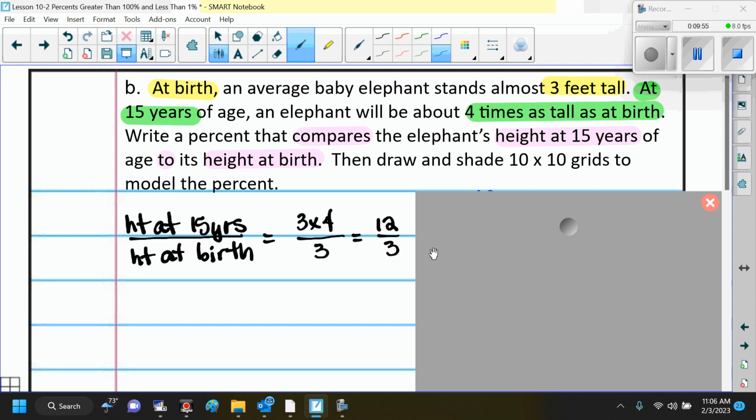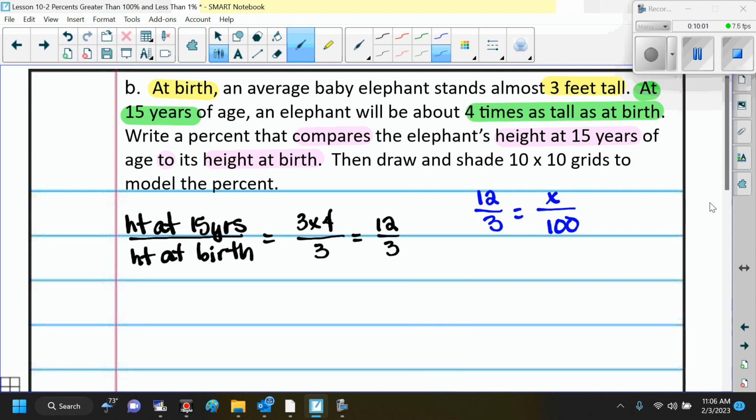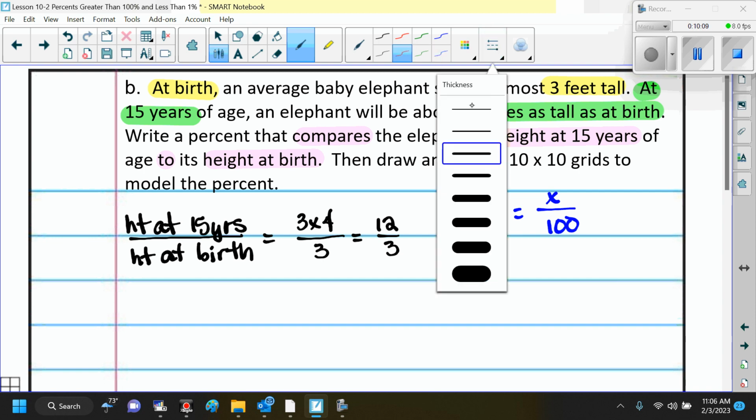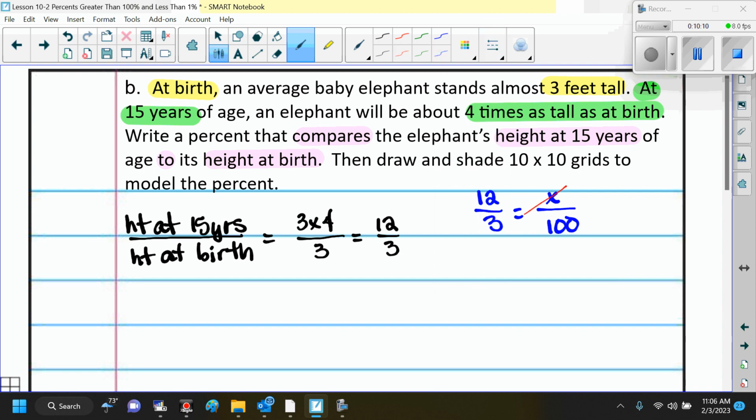percent. So for per 100, what do we want in the denominator? 100. So this is the proportion that we are going to set up. And how are we going to solve that proportion? Cross multiply. Very good. So when we cross multiply, on one side we have 3 times x, which is 3x.